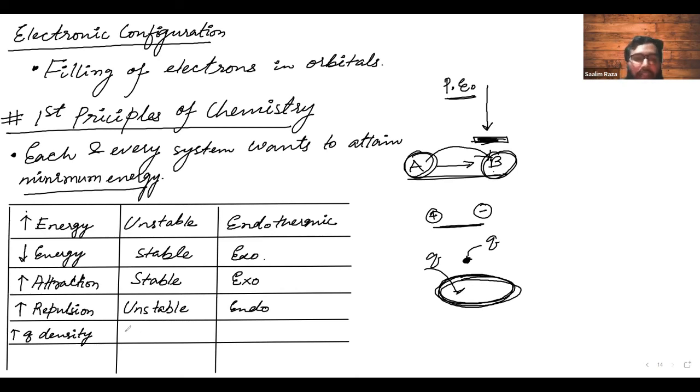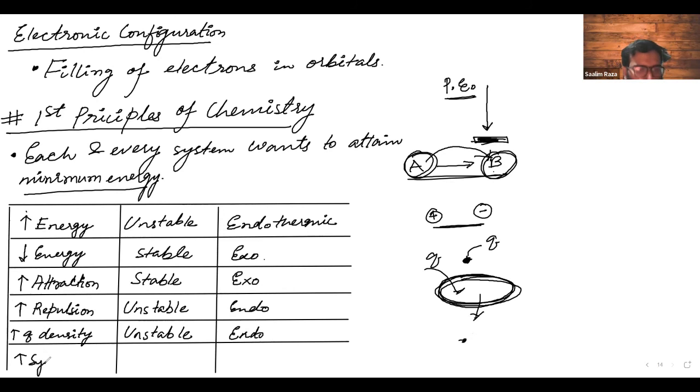So what happens? It gives stability. Sorry, wait. If the charge density is increased, it gives instability. If the area and space is increased, it gives stability. The charge density increases, that means this becomes this. Hence, we get unstable, and the process will be endothermic.